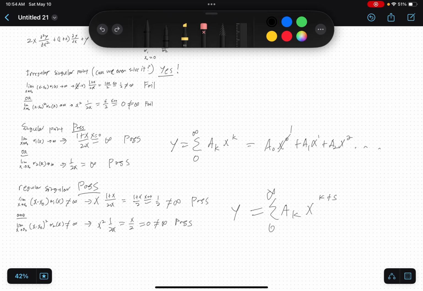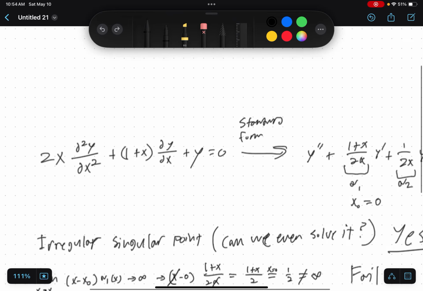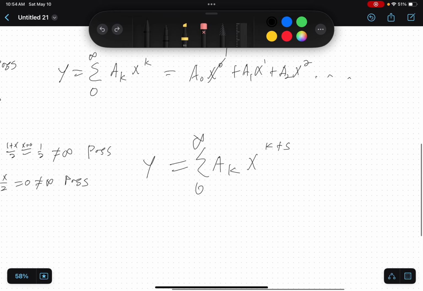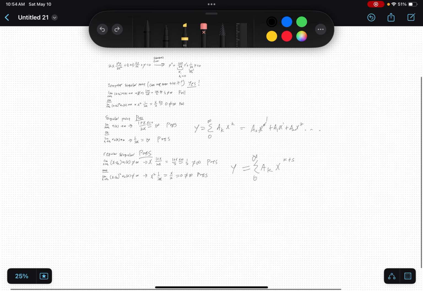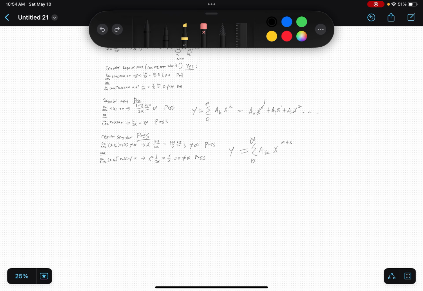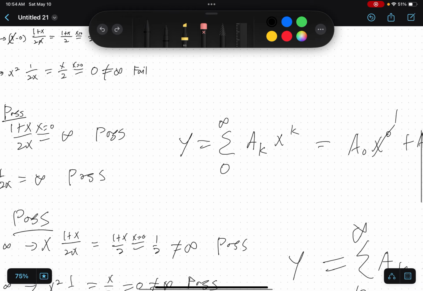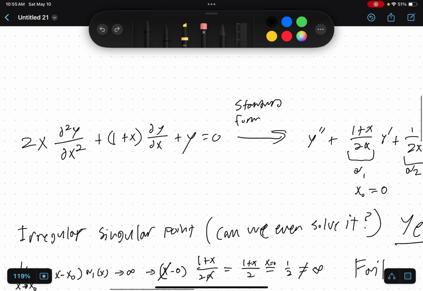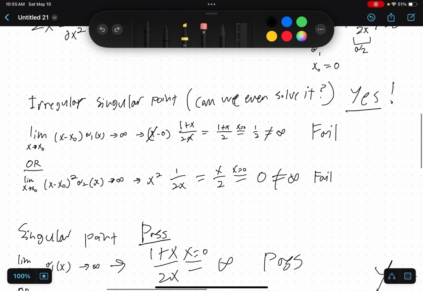Okay, so we're going to solve this differential equation using the Frobenius method, unfortunately. So to do that, we have y equals that. We need the derivative of y, and we need the second derivative of y. So let's write all of that out.